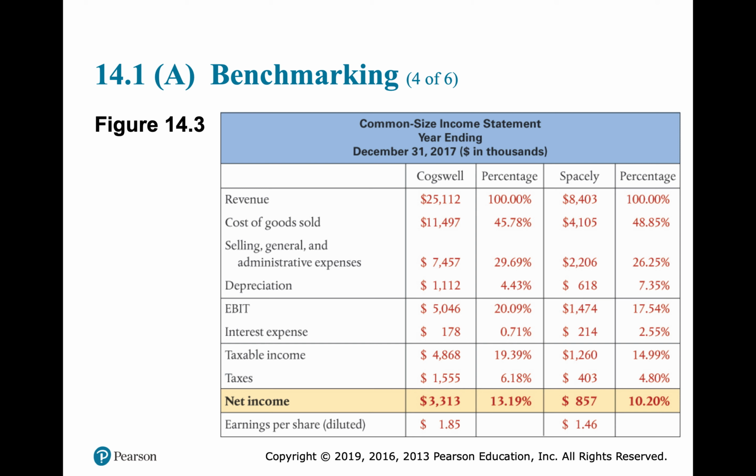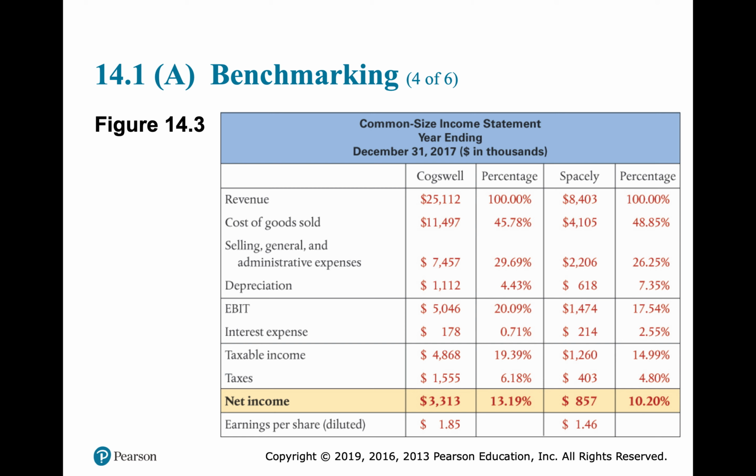Even though I may be tripling their revenue stream, when you convert their cost of goods sold, their selling, general, and administrative expenses, depreciation and whatnot, I see that proportionately they're kind of like a small version of me, and so I can see whether or not they're performing better or worse than me by doing a side-by-side percentage analysis.